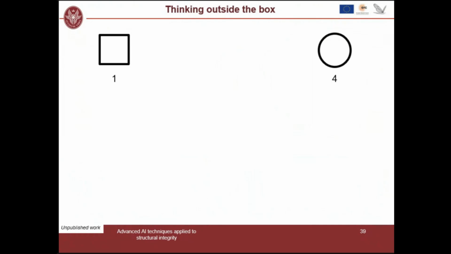If I move from square to circle, I want to see the square morph into a circle each time that I move closer to the 4. I want to see that because it's logical. My latent space should give this kind of transformation, okay?